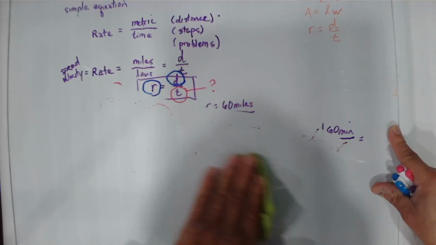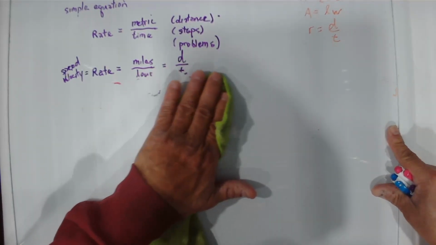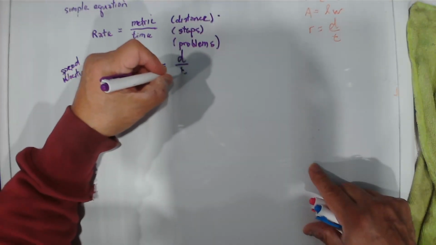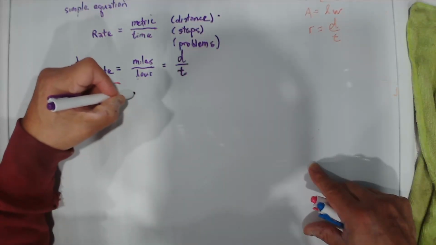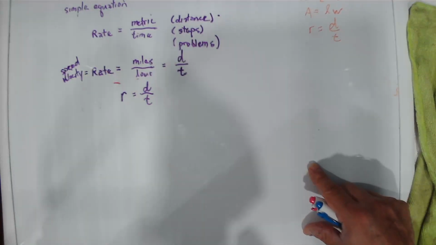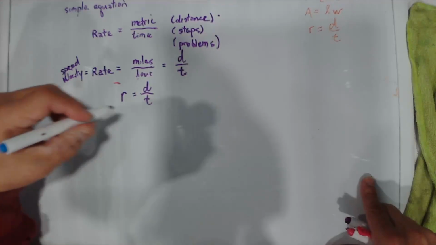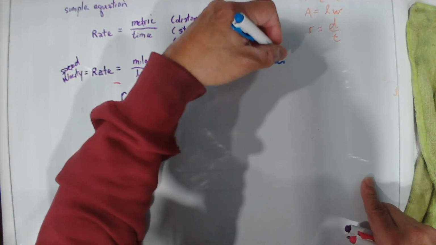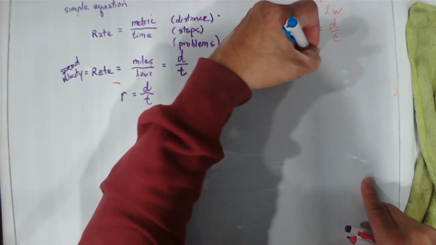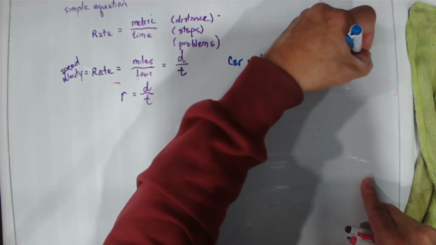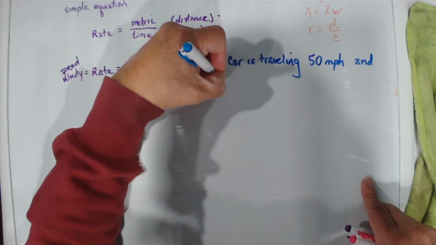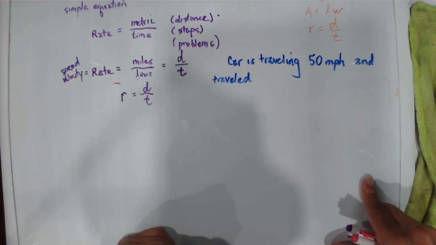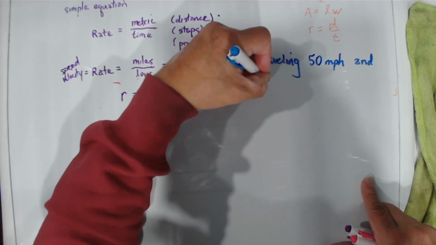Okay, so I'm going to erase this, and we're going to use the same equation, R equals D over T. I'm just going to write down R equals D over T. Okay, so let's say the car, and I can write right here, car is traveling let's say 50 miles per hour, 50 mph. And it traveled 120 miles.